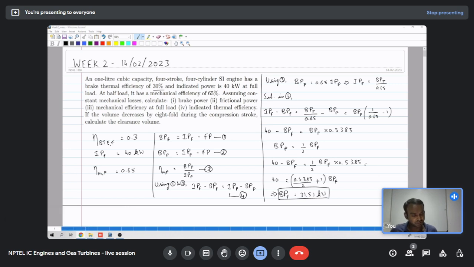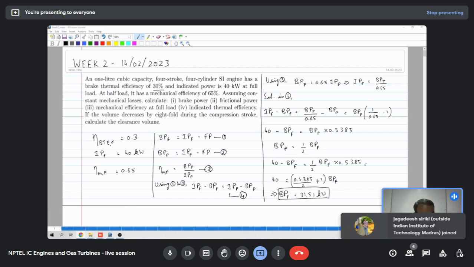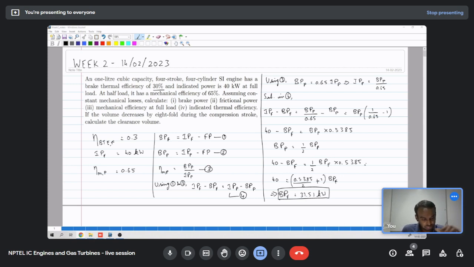Using these equations we can calculate indicated power as brake power by 0.65, or brake power by mechanical efficiency. Then using some basic algebra, we were able to calculate brake power at full load as 35.51 kilowatt.